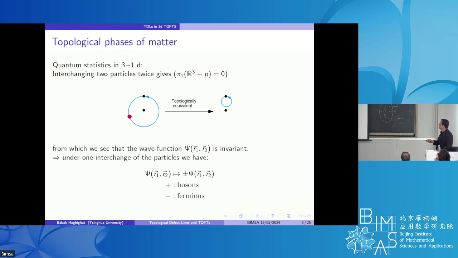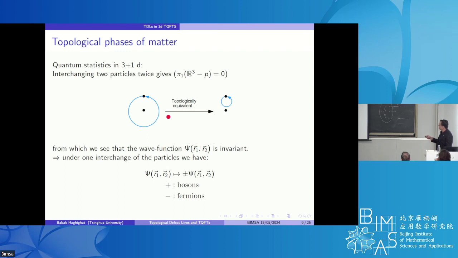But this loop, since you're in three dimensions, you can take this path and slide it out so that it actually does not encircle the particle. The particle is left outside because you're in 3D. You can just take it out. And these things are topologically equivalent. And so when you do this operation, you'll get an action on this wave function.